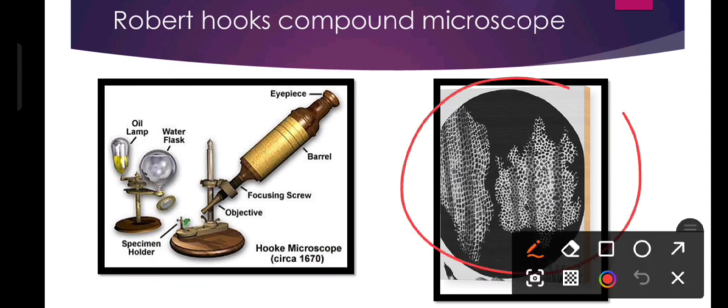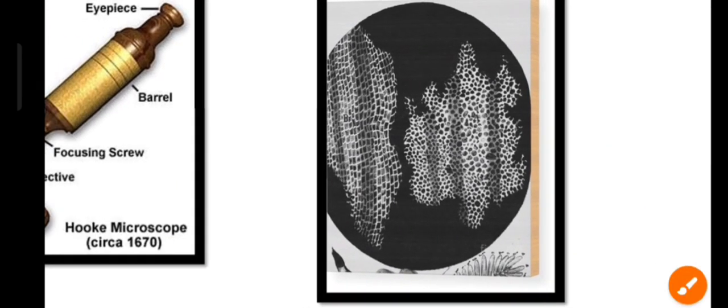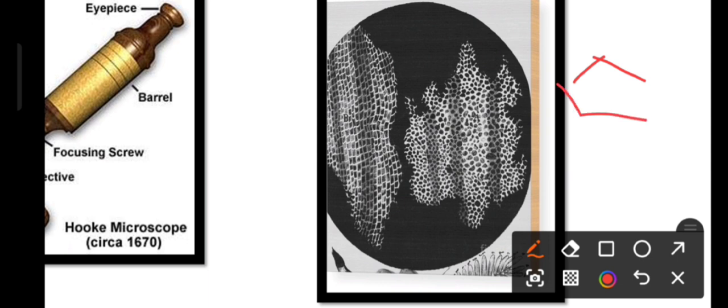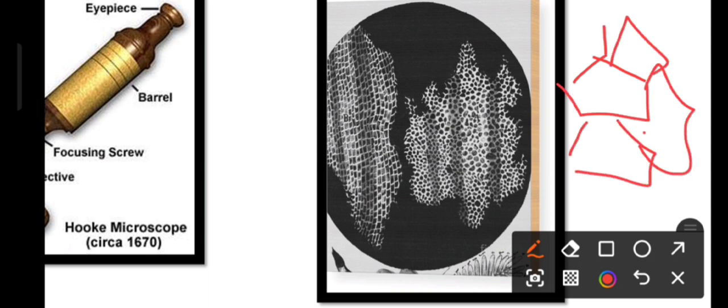He examined a thin slice of cork under this microscope and observed that it was made up of tiny honeycomb compartment-like structures. So he named it what? Cells.